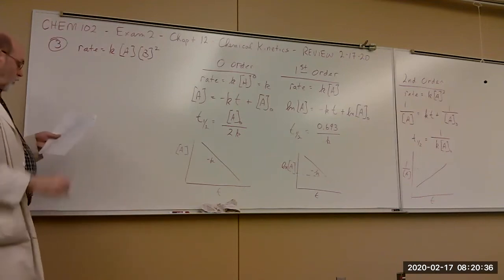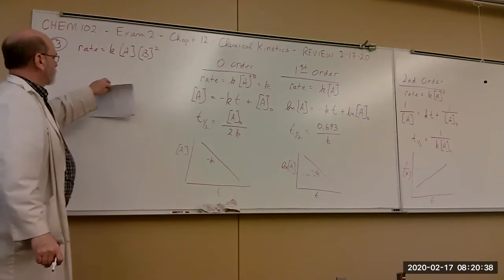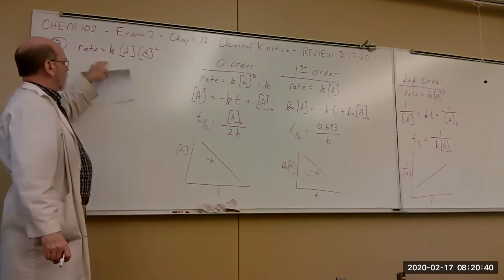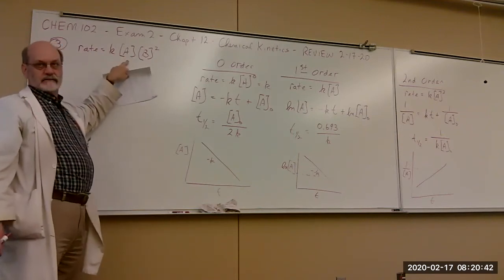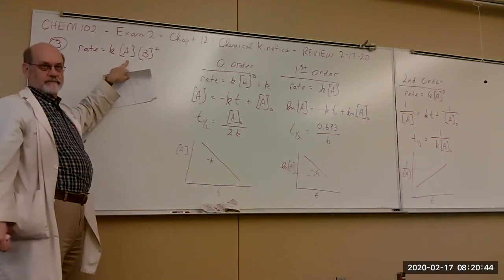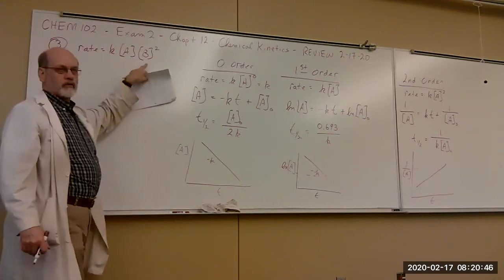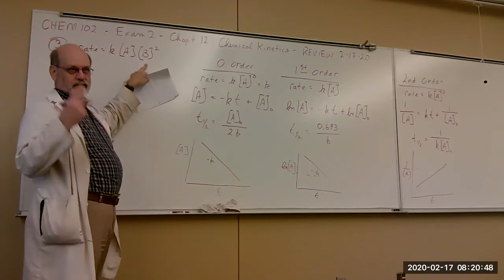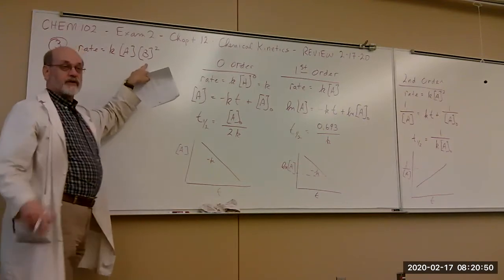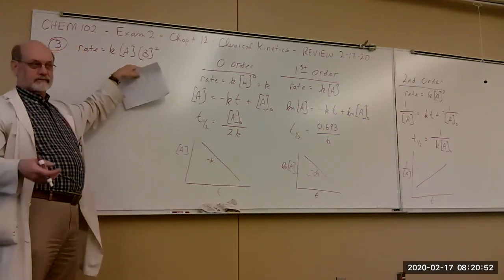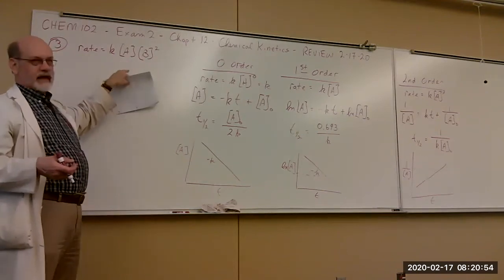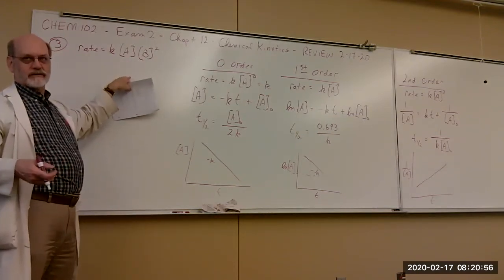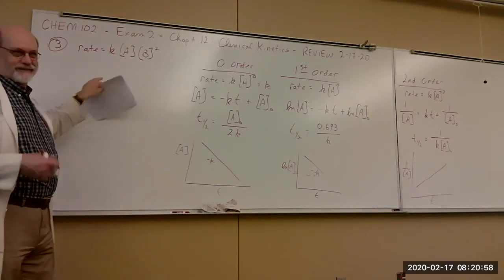So before we get into the question, what's the order of this reaction with respect to A? First order, right? What's the order with respect to B? Second order. What's the overall order? Everybody can add, right? 1 plus 2 equals 3.